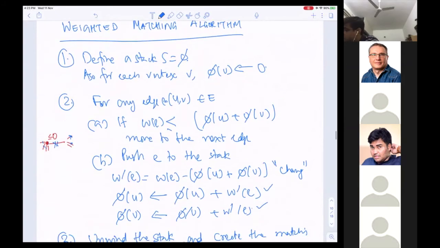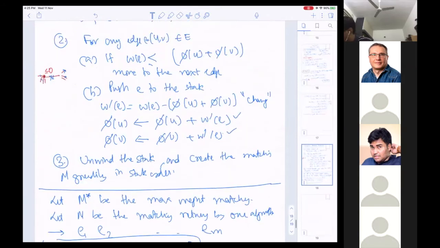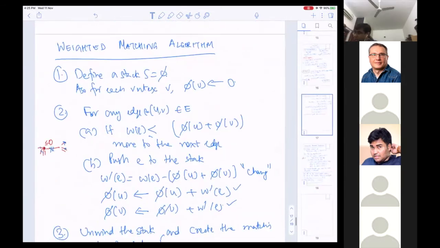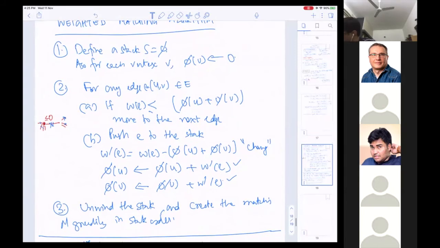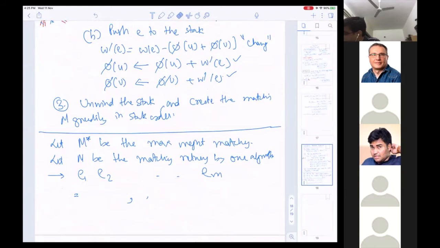Okay, so let's cut this algorithm. So this is the algorithm we had. Now we need to do some modification to this algorithm to handle the case.